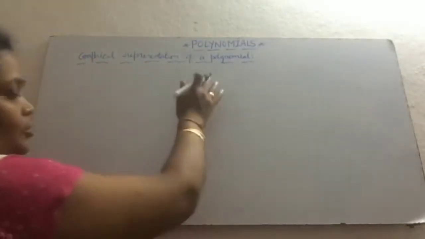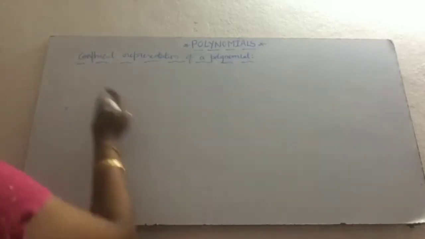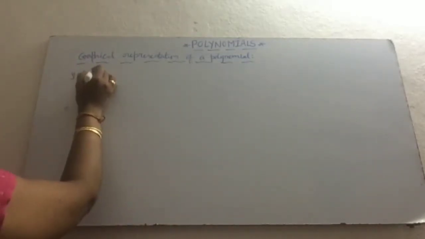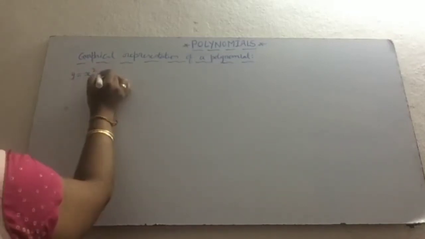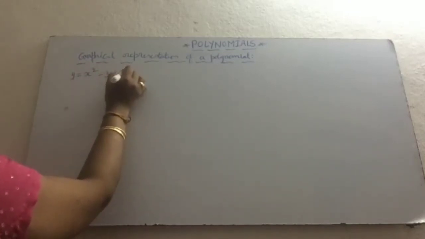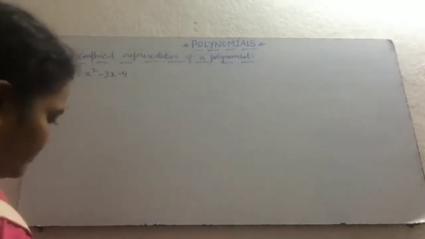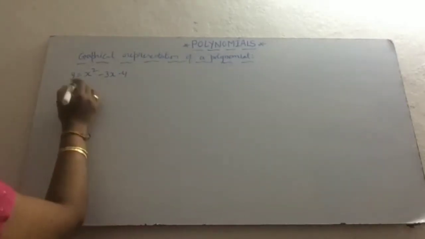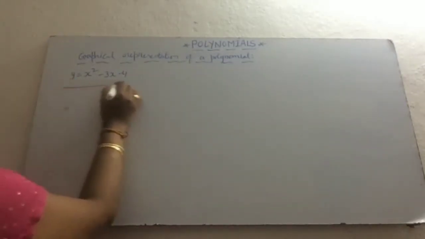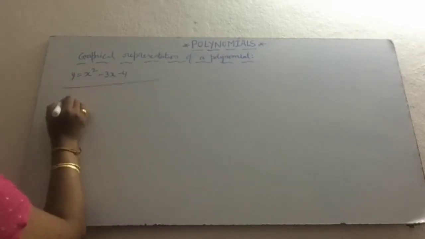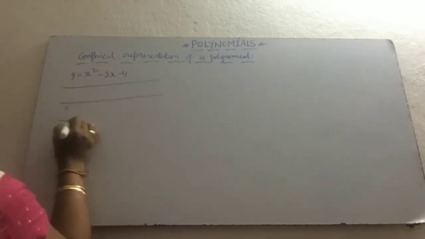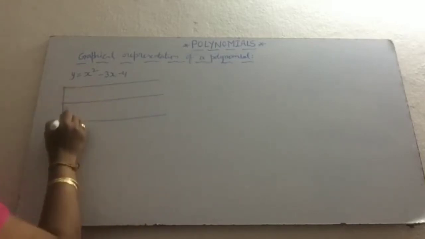Next, graphical representation of a quadratic polynomial. I will take the equation y equal to x square minus 3x minus 4. So I will take the values of x.